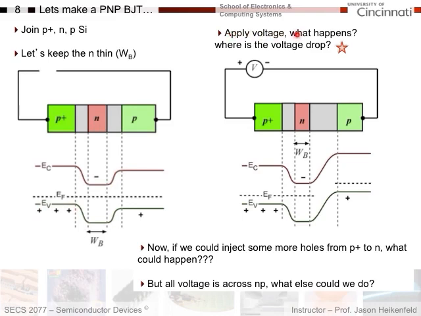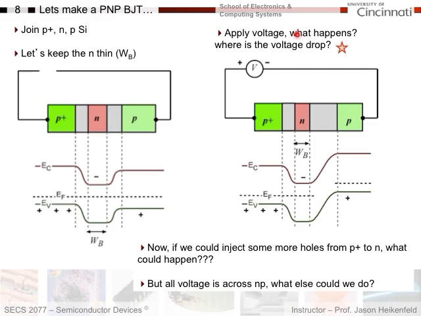whole thing. And you should be able to answer this question if it shows up on a quiz. So the question is, if I apply a voltage to this, where's the voltage drop?